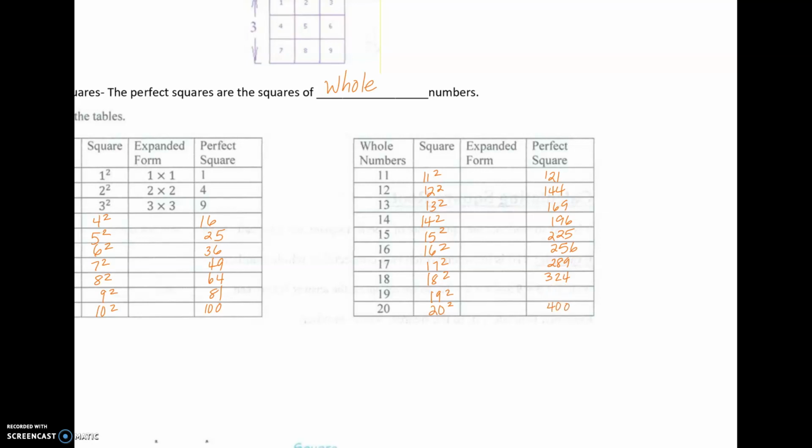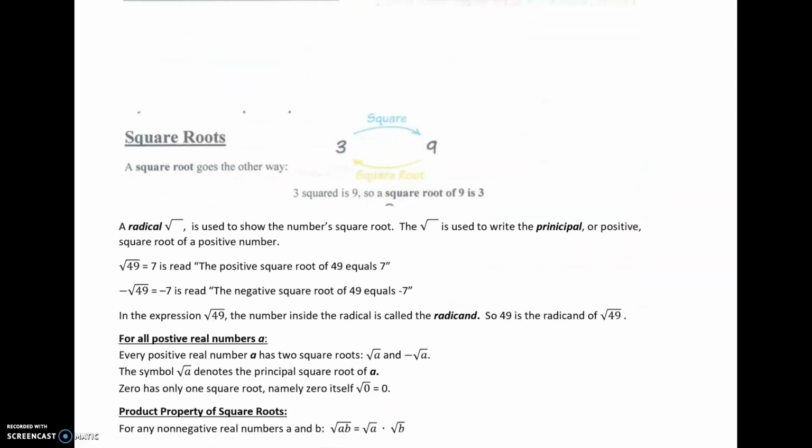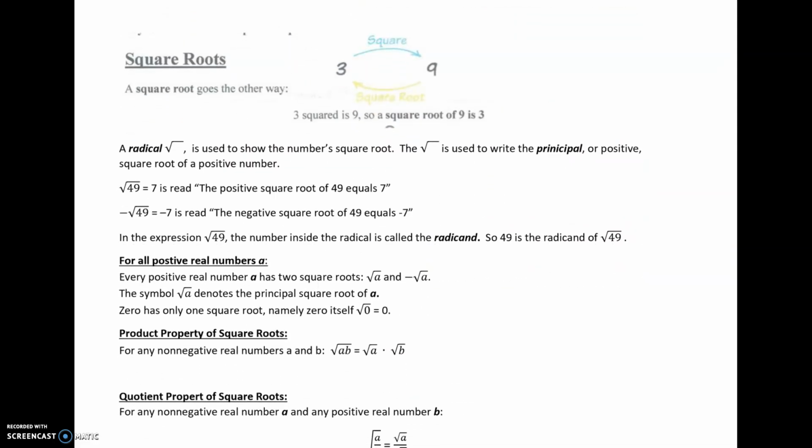I do feel like there was an earlier time this year that you all worked on perfect square numbers, so I feel like most of you probably already know these. Okay, let's go on to the next page and talk about square roots.